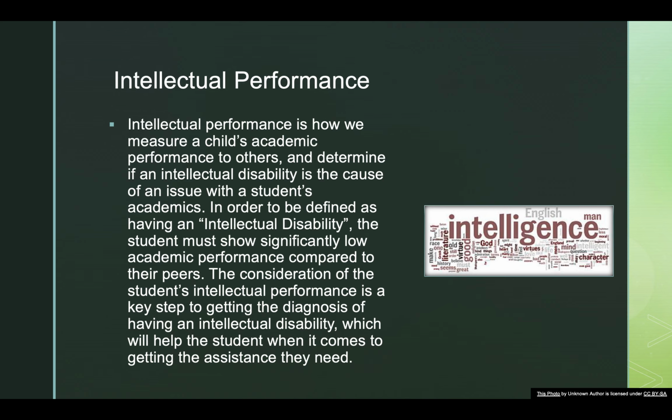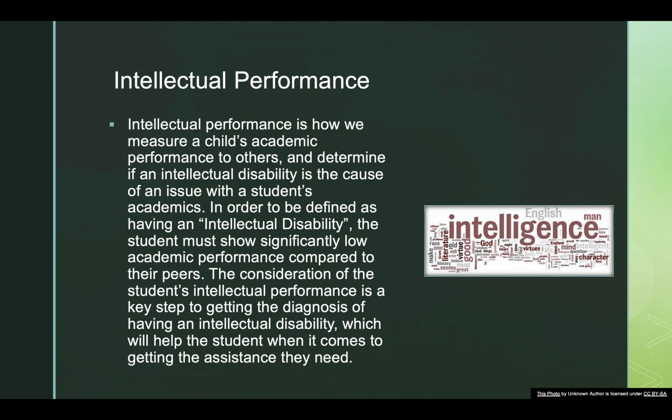So a student must struggle in all content areas to be able to be defined as having an intellectual disability, and otherwise it might just be a reading disability or a disability in a certain content area, but not necessarily an intellectual disability, which is a completely different diagnosis and issue for a student to struggle with.